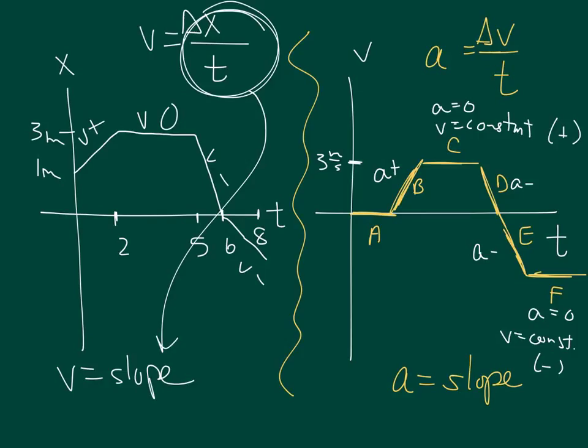But if you see an X or the word position along the vertical axis, you're on a position versus time graph. You need to make sure you know which graph you're working with. Both types of graphs will be on the test. I guarantee you 100%. You need to understand that there's a difference between these two types of graphs.